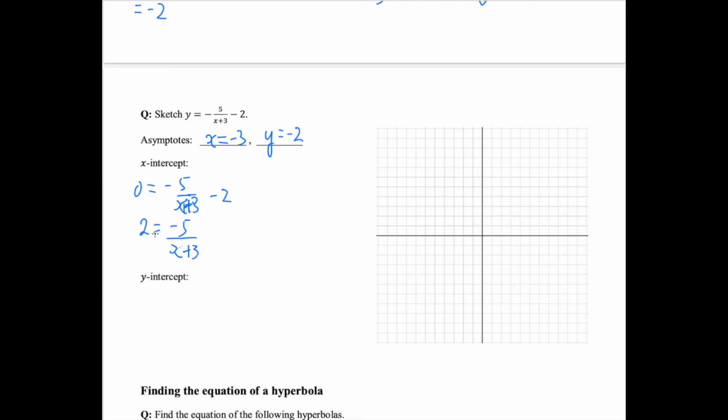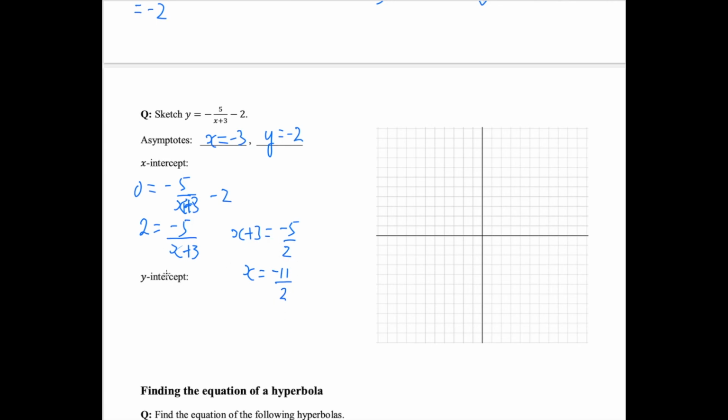Now you can do the switcheroo here. X plus 3 is equal to minus 5 over 2. And take away 3 from both sides, so x is equal to this number take away 3, which gives you what? Minus 11 on 2, right? You can use your calculator if you want.